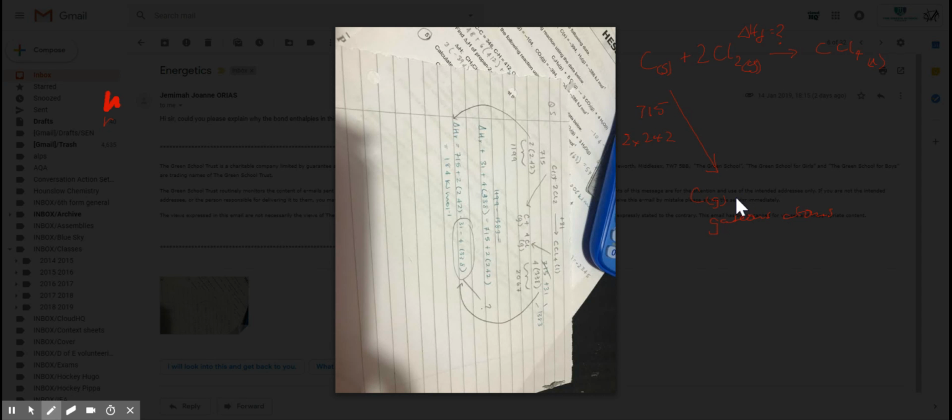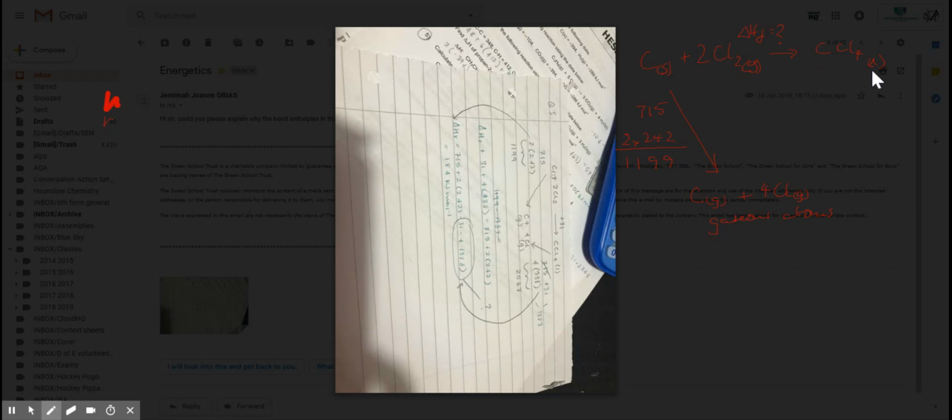After we've spent that energy breaking those bonds, we would end up with 4 gaseous chlorine atoms, which is what we want. And if you do that sum, it comes to 1199 kilojoules.